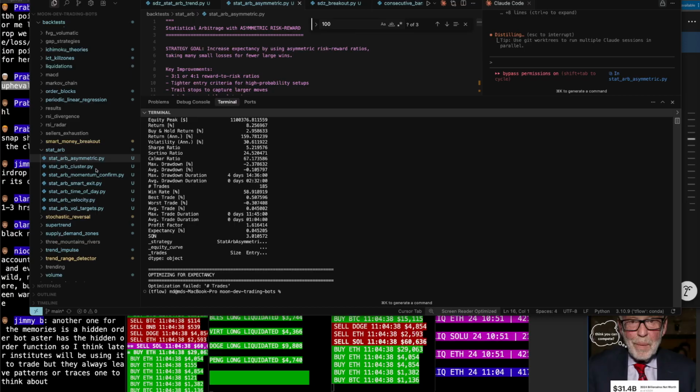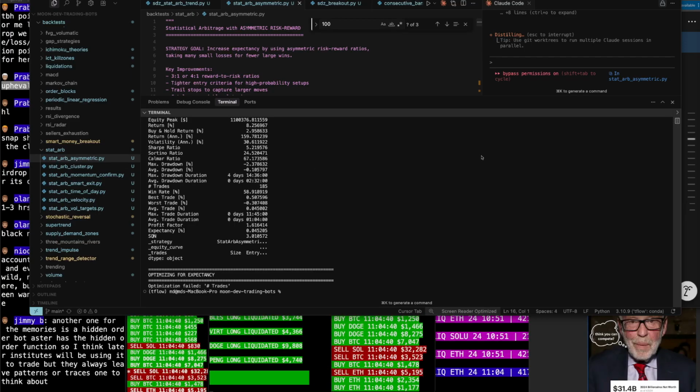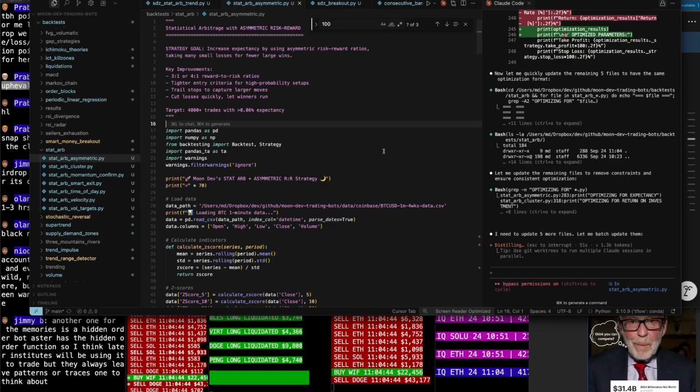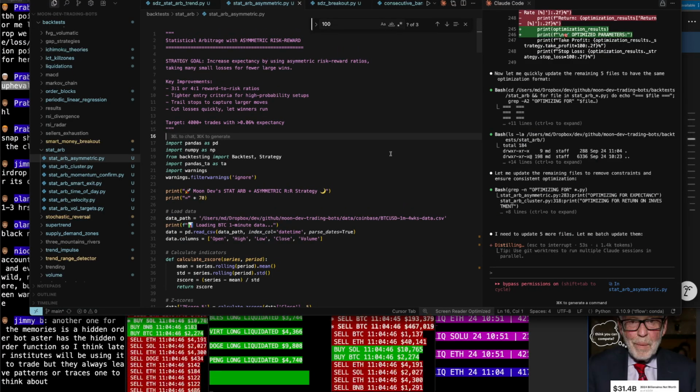Okay, so we're going to keep pushing from that one. I don't care about that one. Asymmetric. I need a lot of trades.